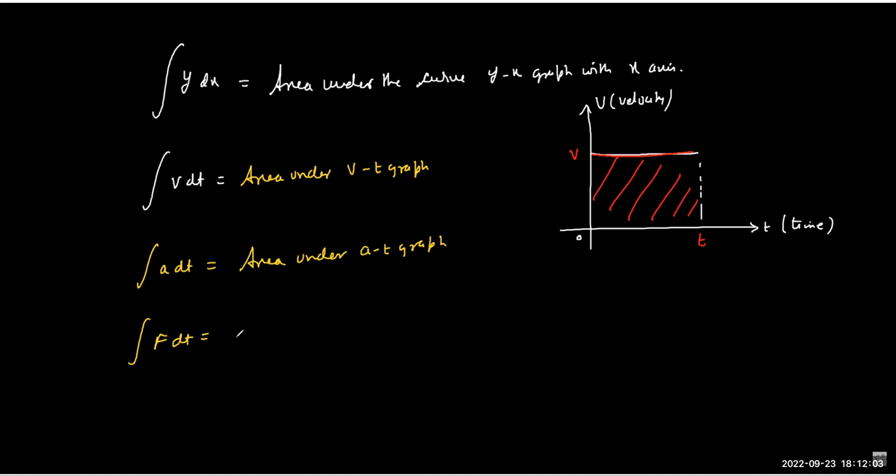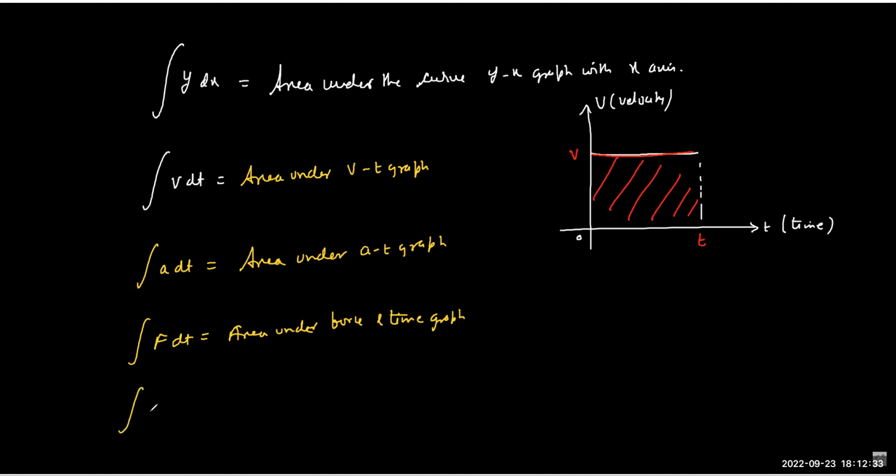Force and time graph. You can always imagine f as some shape drawn on the xy plane, and then dt is the interval, the time interval, and you integrate over the interval.